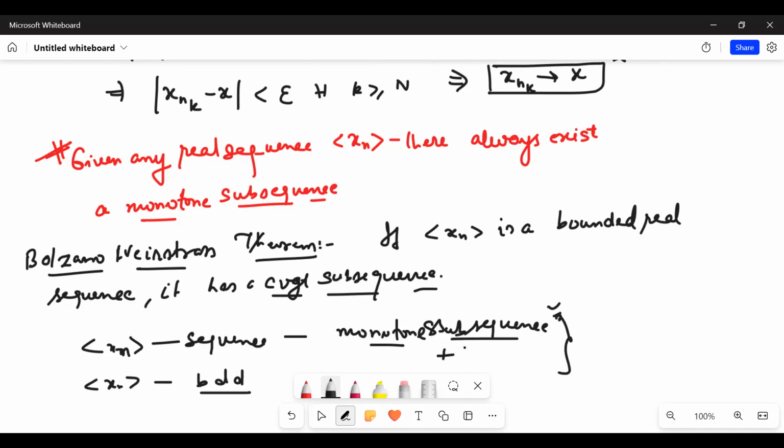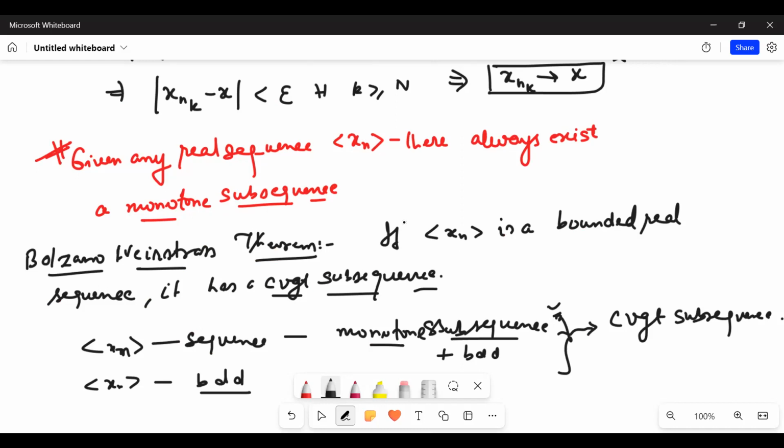Monotone plus bounded implies the subsequence is convergent.